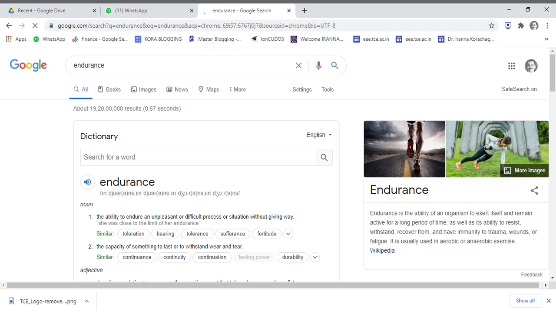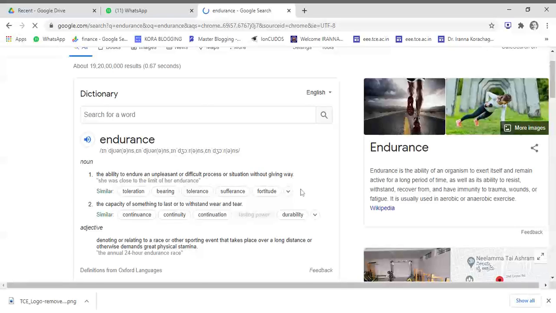It is the ability to work under difficult situations, or it is the capacity of something to last or to withstand wear and tear.